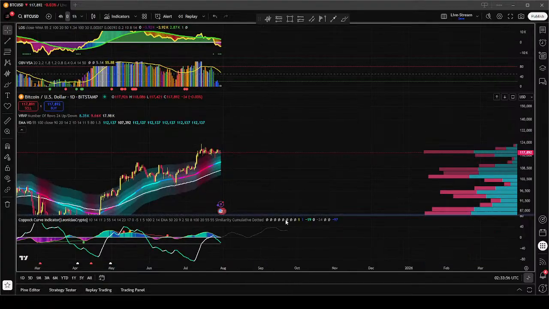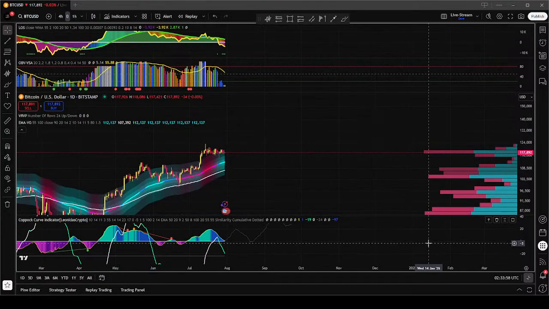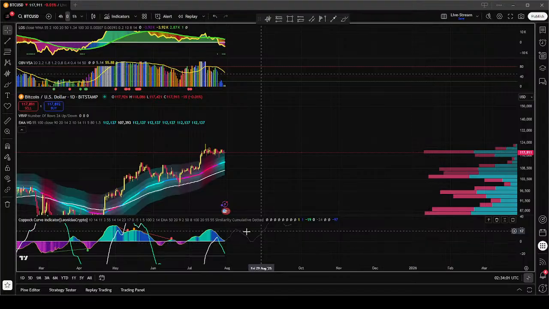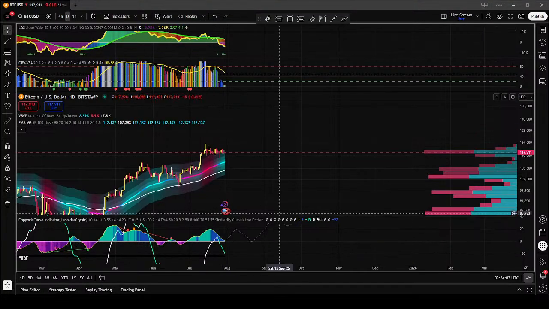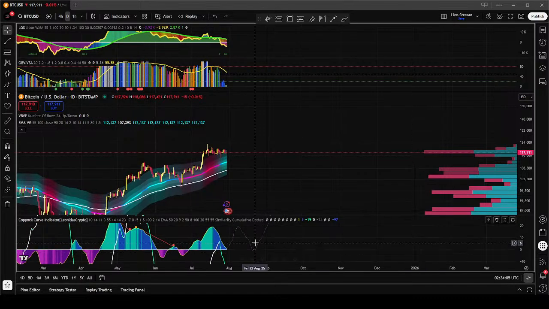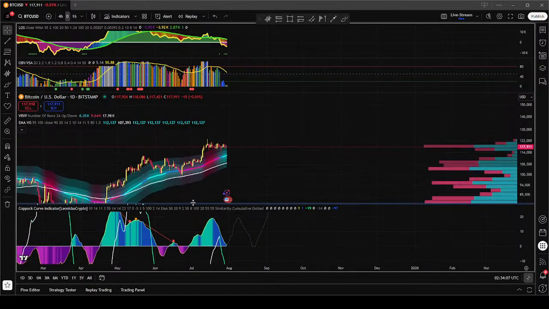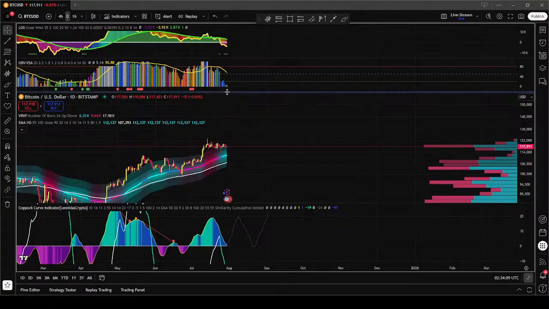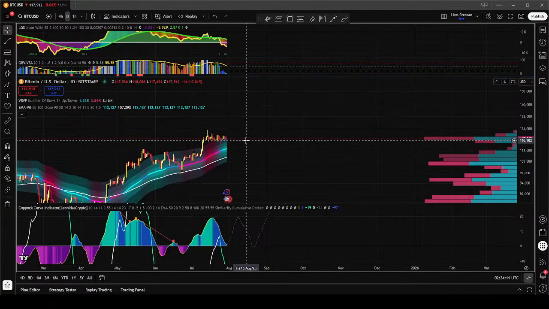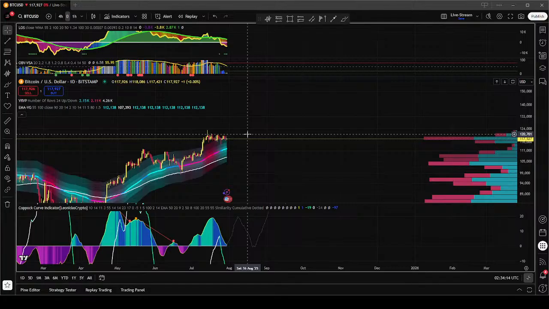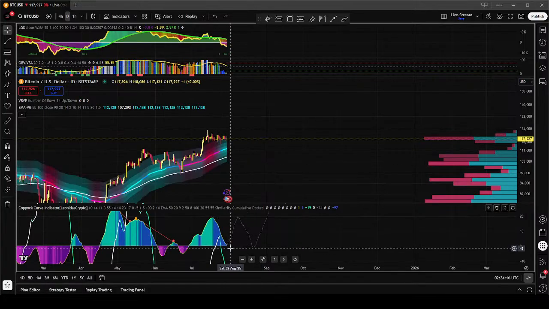Now I have to be honest with you, Bitcoin is doing very well. It's very well because it's holding the range even without volume. As you can see here, Bitcoin is holding this range between 116 to 120, and is holding.